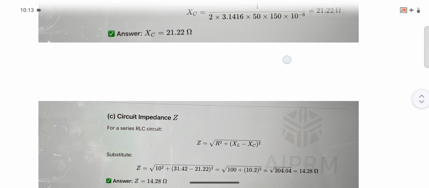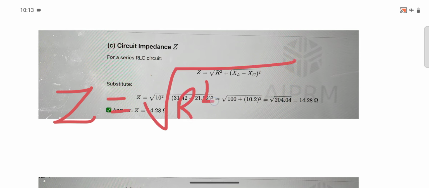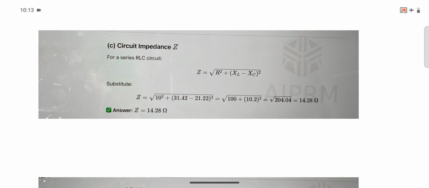Next, circuit impedance. Circuit impedance is represented by Z. For a series RLC circuit, you have to remember this formula: Z is equal to under root R square plus (XL minus XC) square.